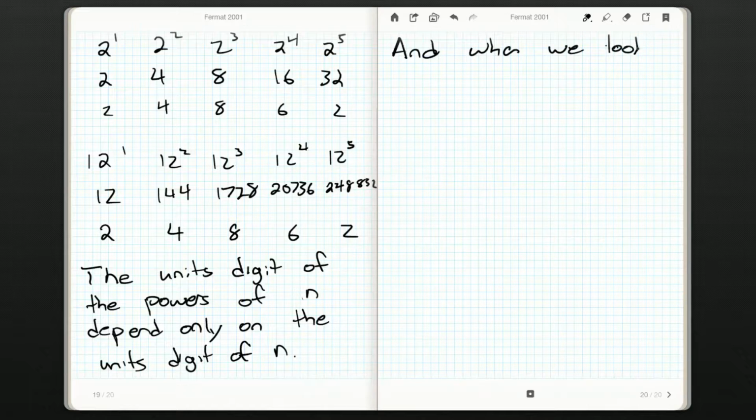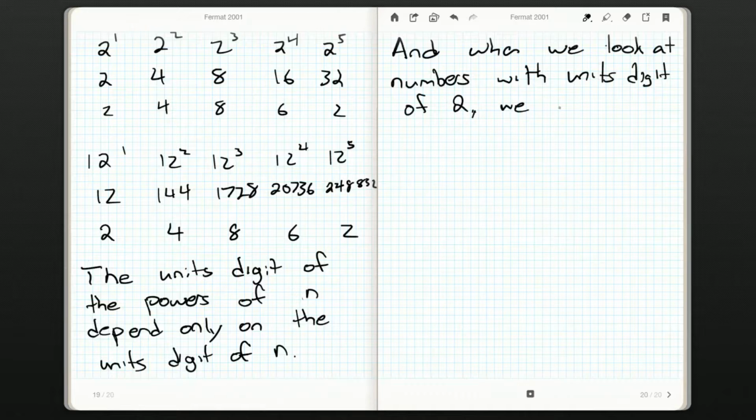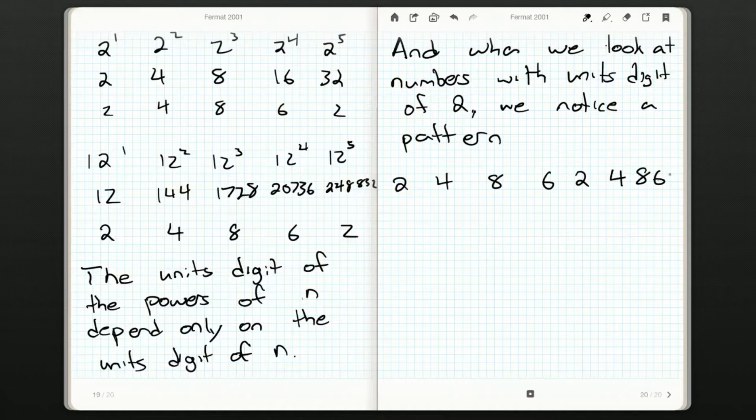And when we look at numbers with units digit of 2, we notice a pattern. It goes 2, 4, 8, 6, 2, 4, 8, 6, 2.